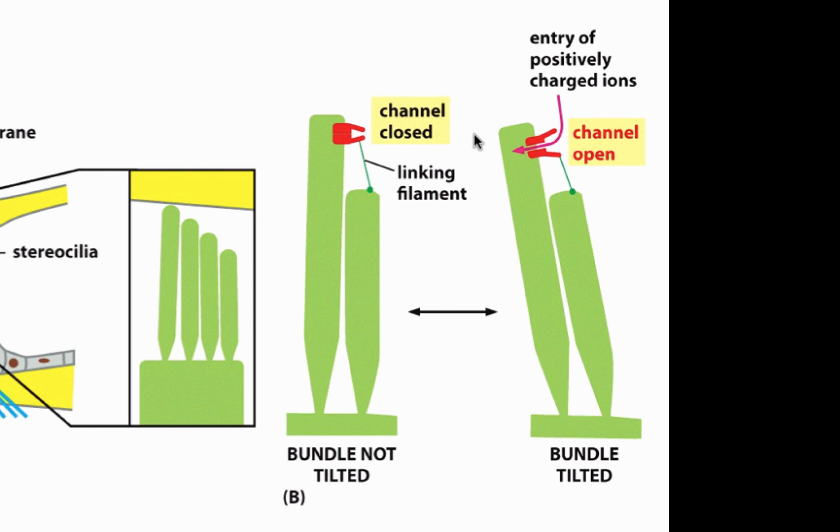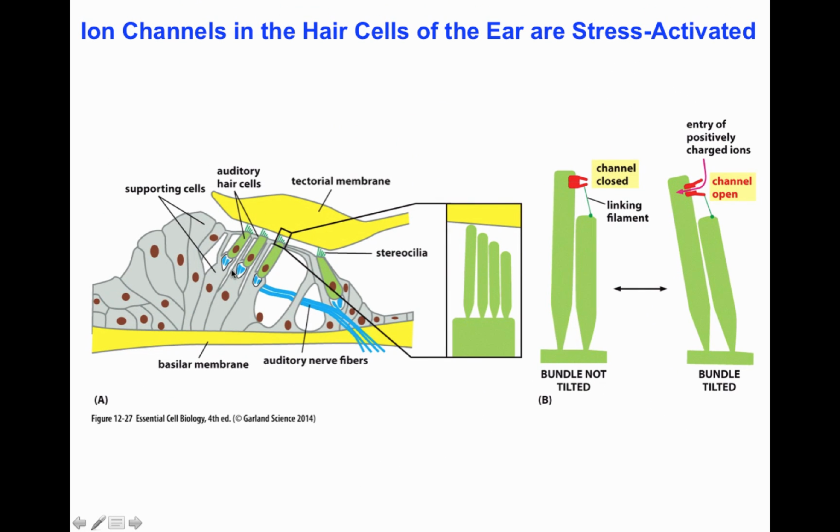That will then cause a depolarization of the membrane that is going to eventually be received and understood as a signal by the auditory nerve fibers. So in that way, the mechanical movement of the cells results in the conformational change that will open the channel.